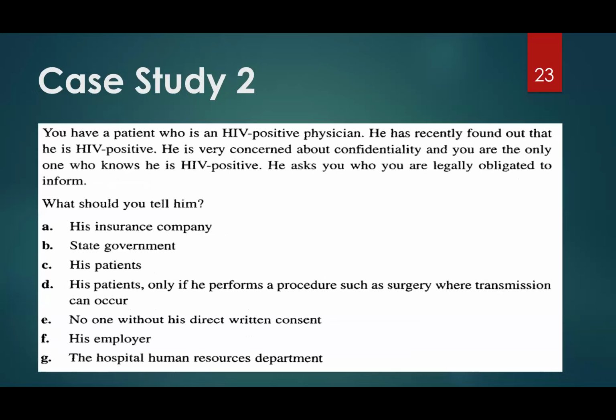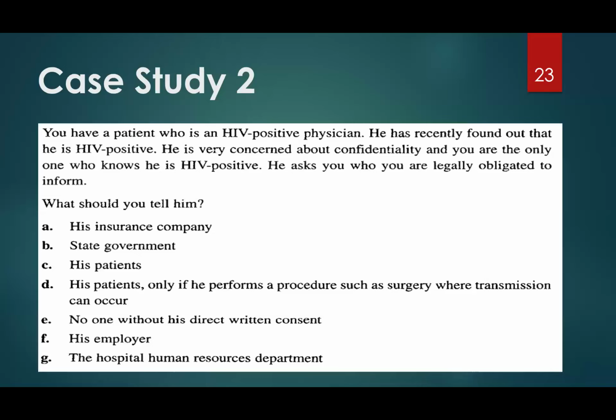Case number 2, you have a patient who is an HIV positive physician. He recently found that he is HIV positive. He is very concerned about confidentiality, and you are the only one who knows he is HIV positive. He asks you who you are legally obligated to inform. What should you tell him?